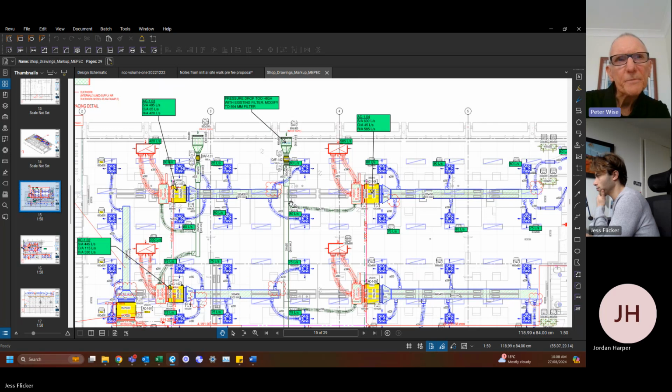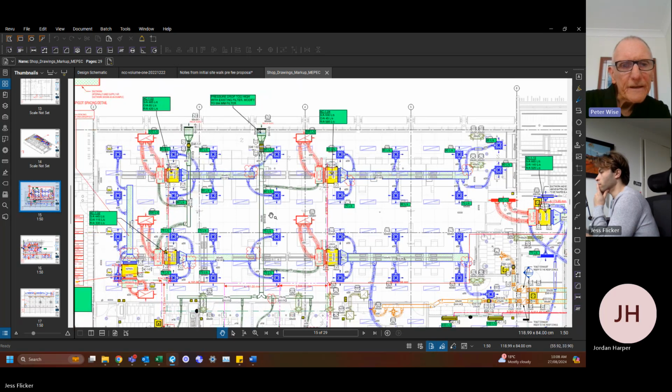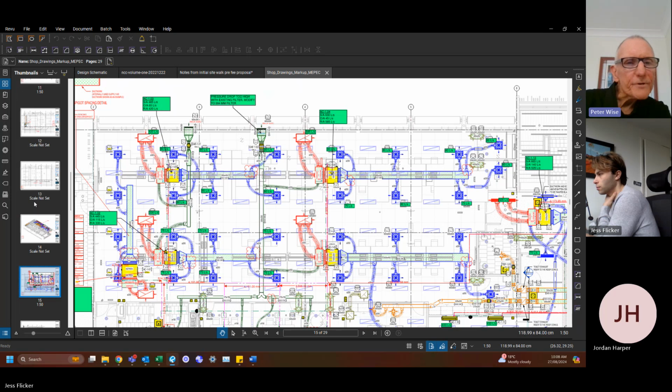But then you don't use economy cycles in Brisbane that much because it's generally quite a bit warmer than in Melbourne. So they're not as effective or energy efficient really because it's not cold enough. Yeah.